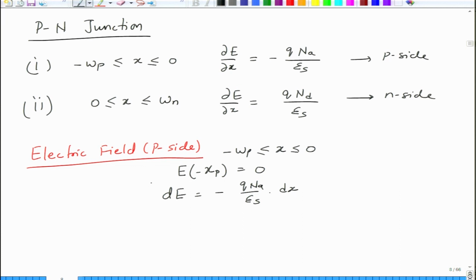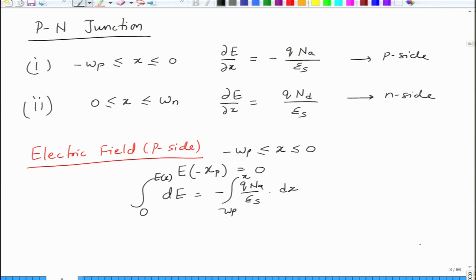Now, we need to integrate this. So, we integrate from 0 to E(x), and this is integrated from minus Wp to x, within the depletion region, right.